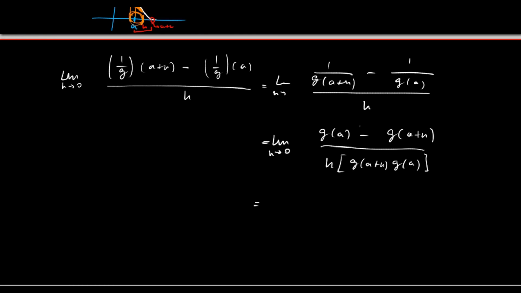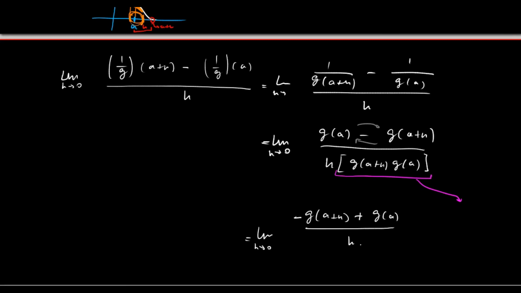And we're going to rewrite this a bit differently. We're going to change the order of these two terms and then write this term here somewhere else. So this is the limit of minus g in a plus h plus g in a divided by h times 1 over g in a plus h times g in a.